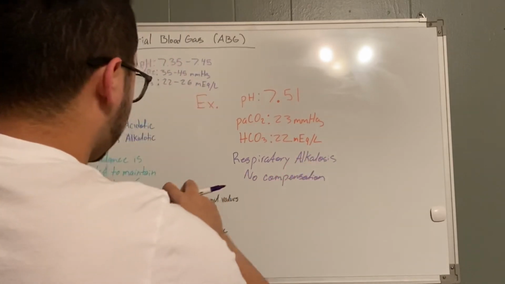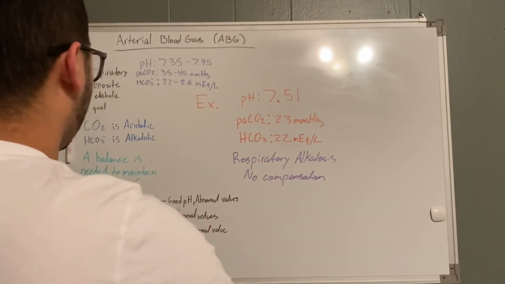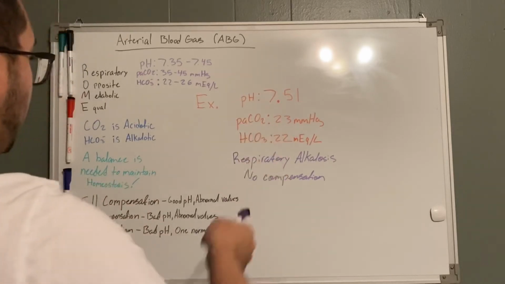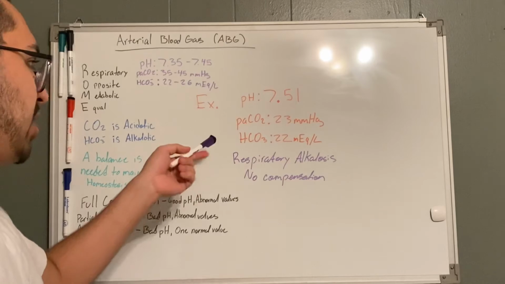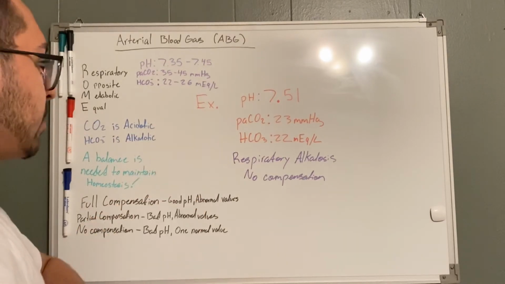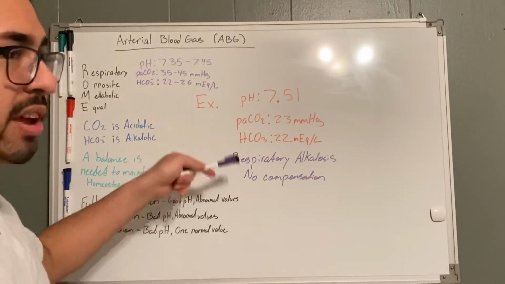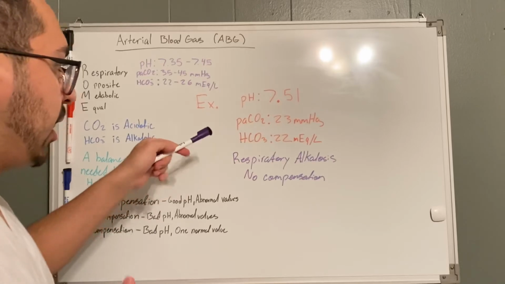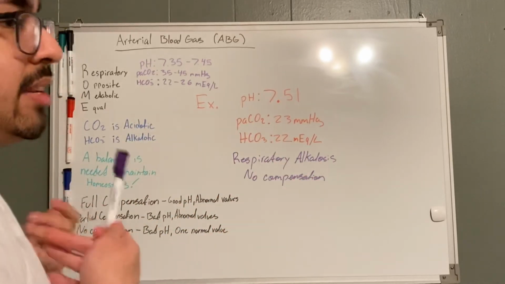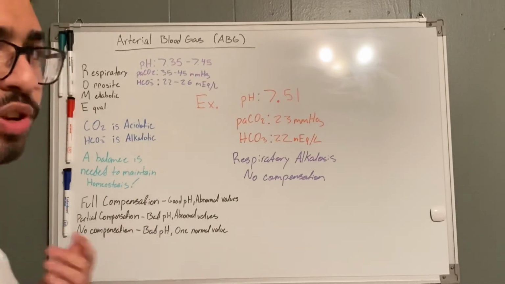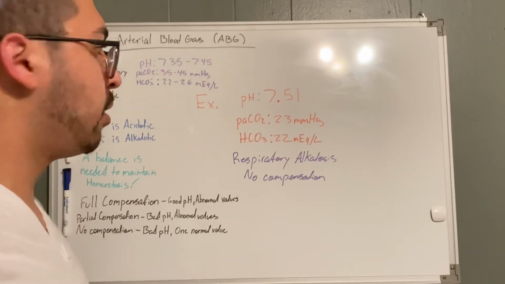And I want you to visualize this a little bit into real world practice, what this all means. So this patient is having respiratory failure. And I want you to visualize this. This patient, they're hyperventilating as a result of their respiratory failure.